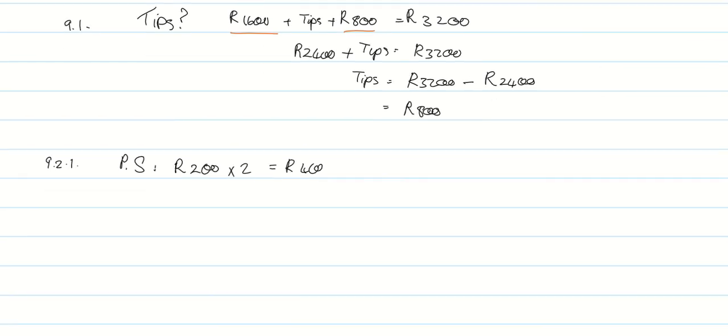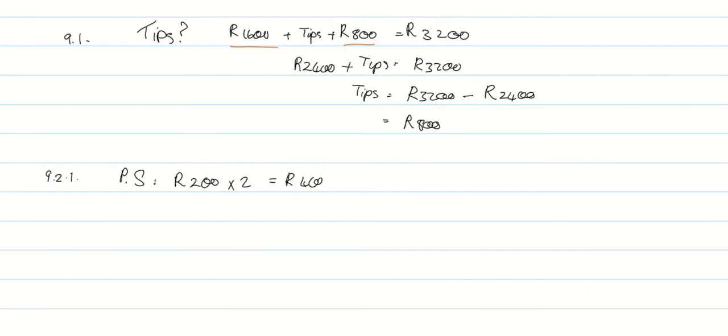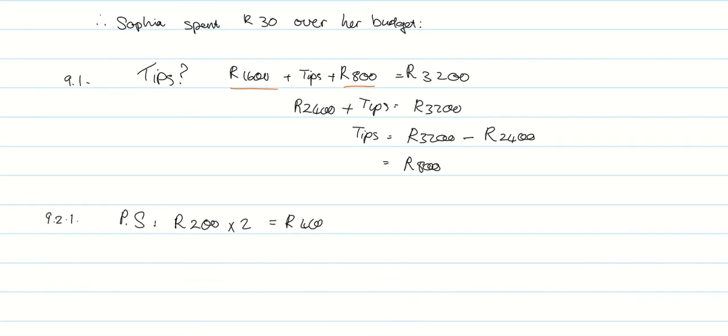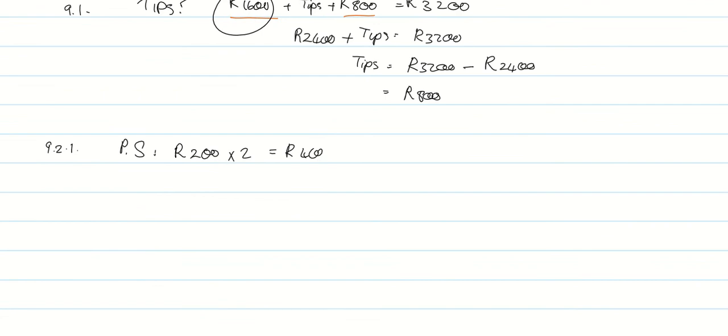The average depends on how many shifts she worked the previous month. Her earnings were 1,600. If she earns 200 rand per shift, how many shifts did she work? 1,600 divided by 200. The R and the R cancel out, so my answer is 8.